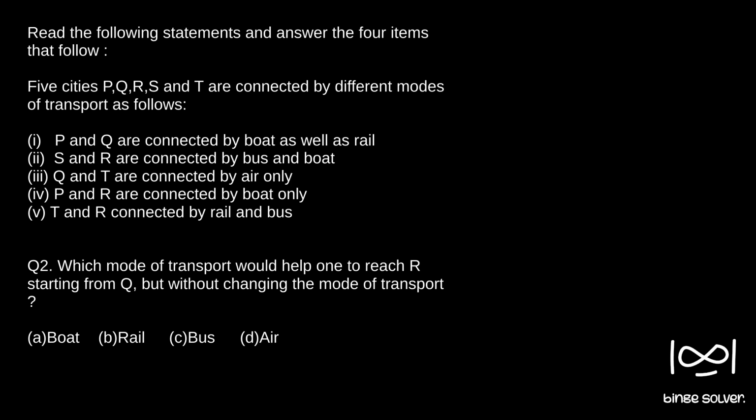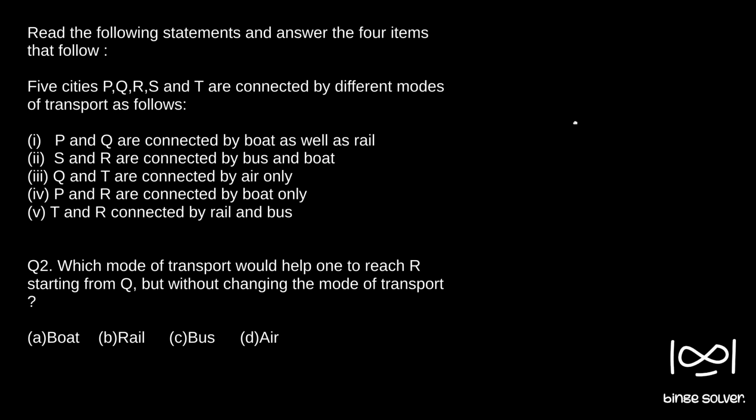Question 2. Read the following statements and answer the 4 items that follow. 5 cities P, Q, R, S, and T are connected by different modes of transport as follows. We are given 5 statements. To analyze them easily, we break down those statements into a pictorial form.